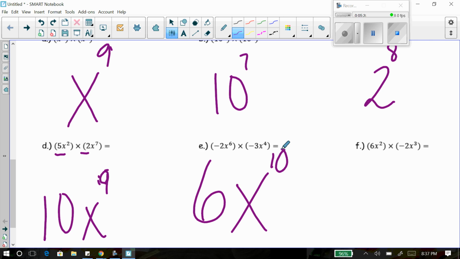All right, last one here. Again, these are a little bit more tricky, but the x's are the ones that are being raised to the exponent, not the 6, not the -2. So the 6 and the -2 are just numbers that will get multiplied. 6 times -2, -12, x to the 5th.